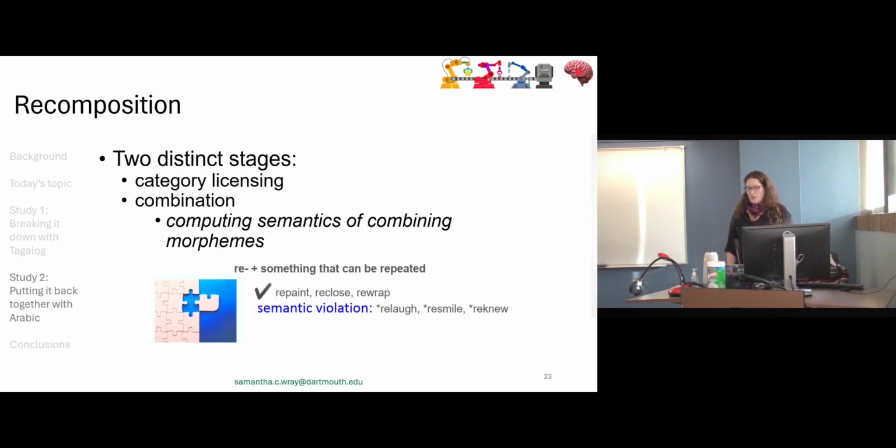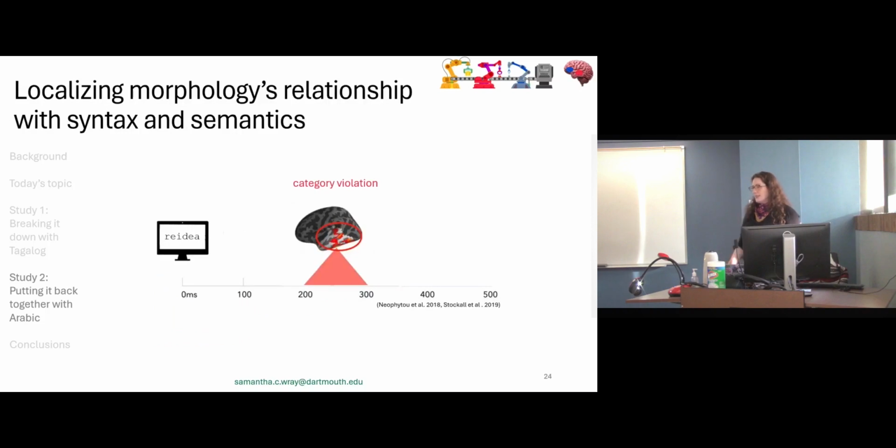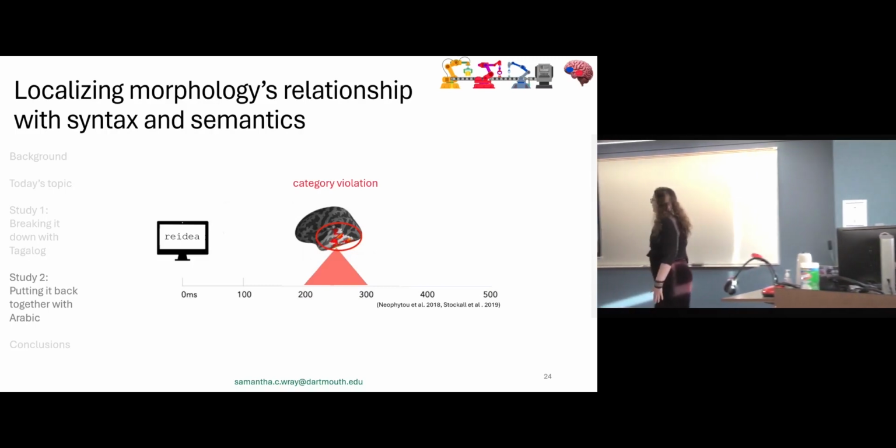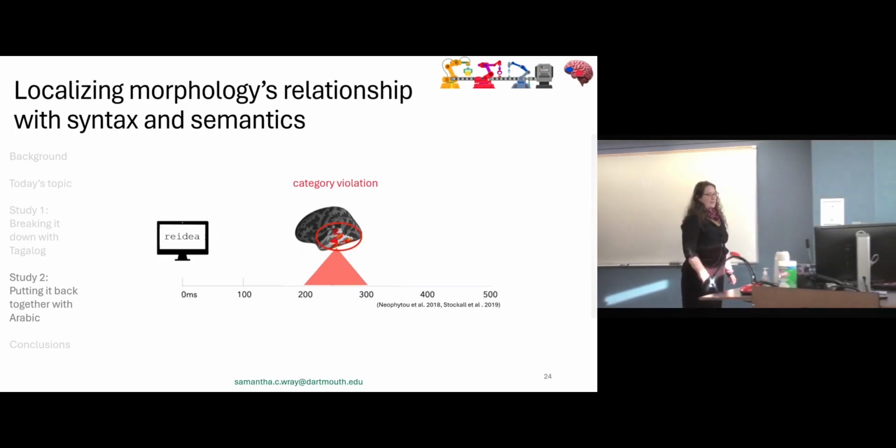Okay. So these are processes that are distinct in time and space, and we know this from previous MEG work on languages like English, Greek, and other languages that have heavy affixation. So if I perform a part of speech or category violation with something like re-idea, re-napkin, re-sadness, I see activity elicited in this particular brain region, and again, it's just a potato because we've inflated it to see the activity inside the nooks and crannies, at about 200 to 300 milliseconds after you read the word.